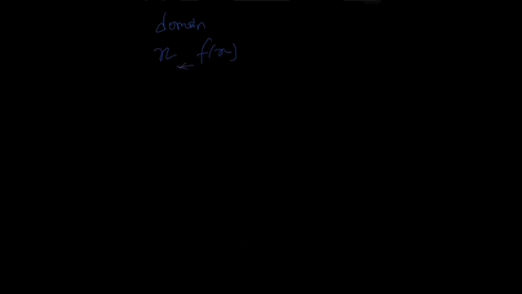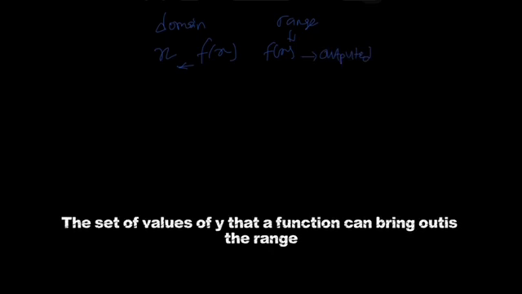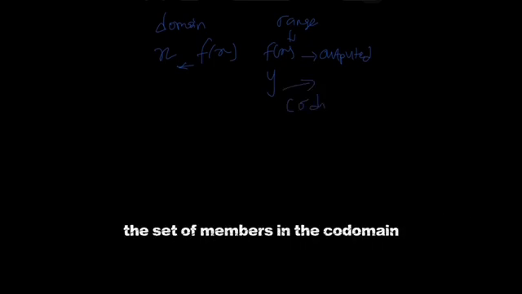From the previous video, the domain was the set of x values for which the function f of x exists. The range is the set of function values f of x that can be outputted. In other words, the set of values of y that a function can bring out is the range, the set of members in the codomain.